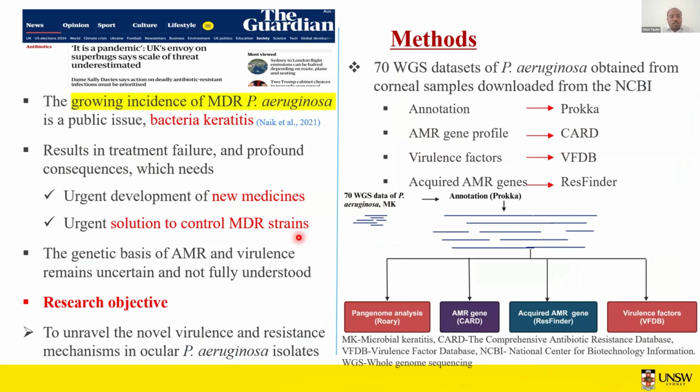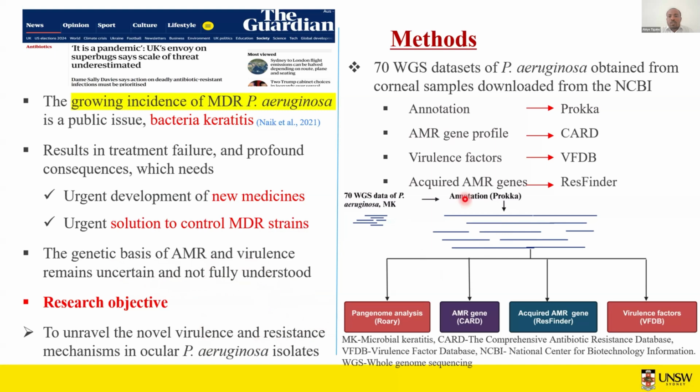Although phenotypic characterization has been done before, the genetic basis of antimicrobial resistance and virulence factors remains uncertain and not fully explored. Therefore, we are currently working to unravel novel virulence factors and resistance mechanisms in ocular Pseudomonas aeruginosa isolates.